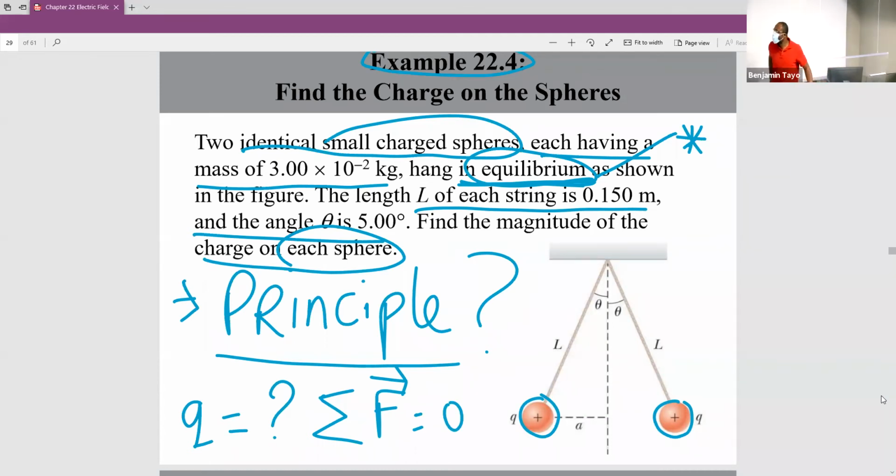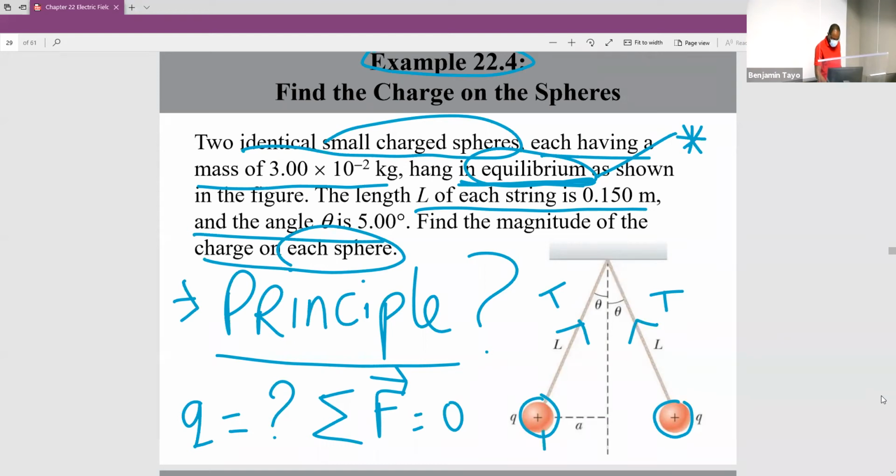And then the next thing is to ask myself, what forces am I talking about in this problem here? So we need to go ahead and identify all the forces acting on the system. So for example, maybe we can put a force of tension here, a force of tension right there.